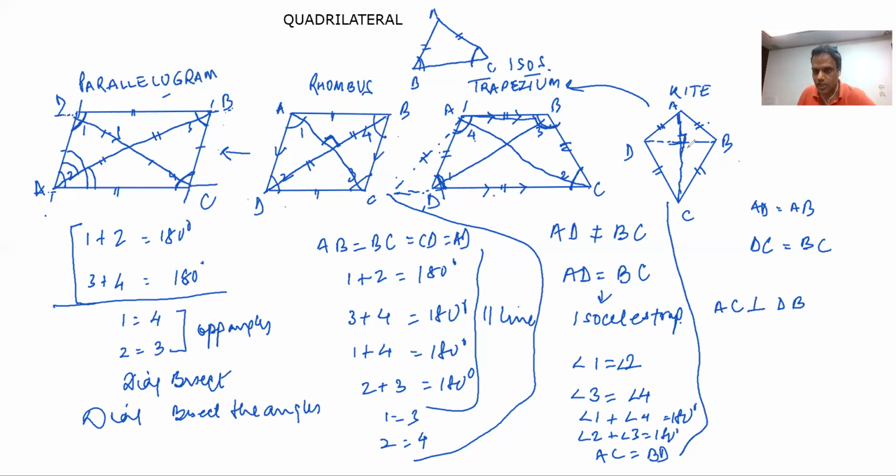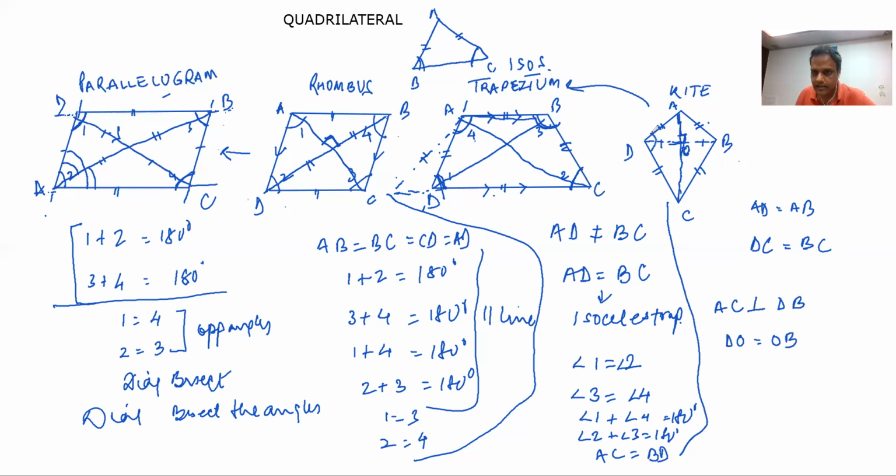When they cut each other, supposing this point is O, the longer diagonal bisects the smaller diagonal, which means DO is equal to OB. Anything else left? Yes, one more important thing.